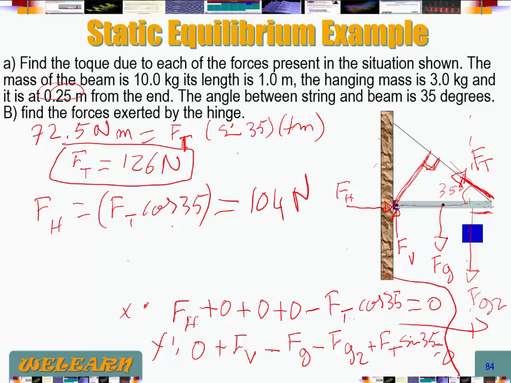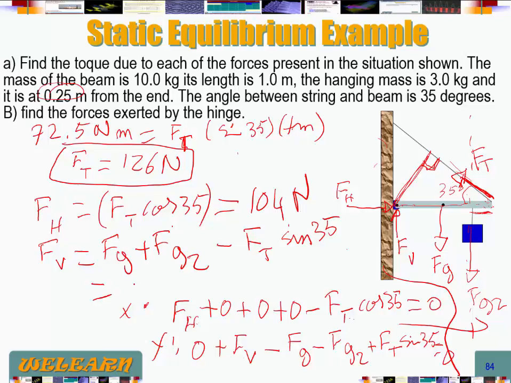Now for Fv, we are going to use the y expression. So from there we have Fv is equal to Fg plus Fg2 minus Ft sine of 35, and that's going to be Fg, remember, is 100 newtons, Fg2 is 30 newtons.